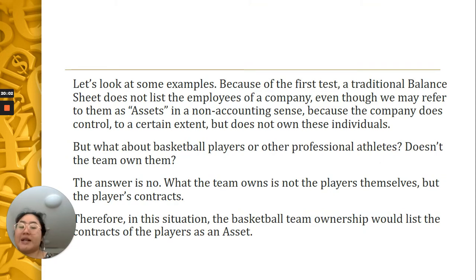Let's look at some examples. For the first test, the traditional balance sheet does not list the employees of the company, even though we may refer to them as assets of the company in a non-accounting sense, because the company does control the employees to a certain extent, but not each individual employee. But what about basketball players?